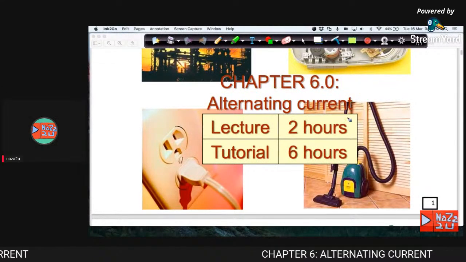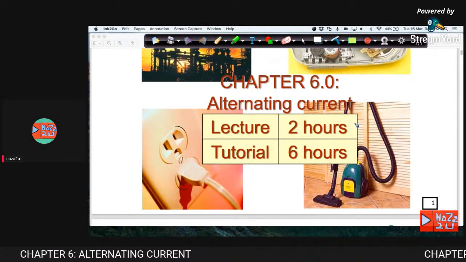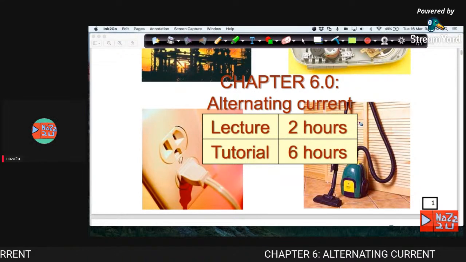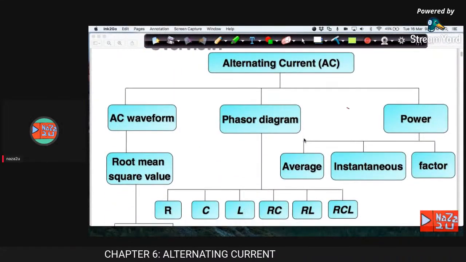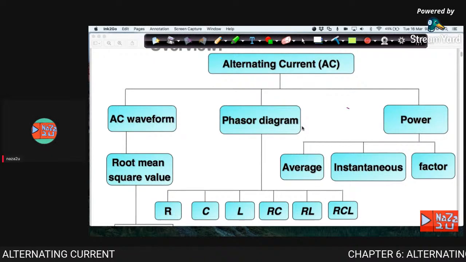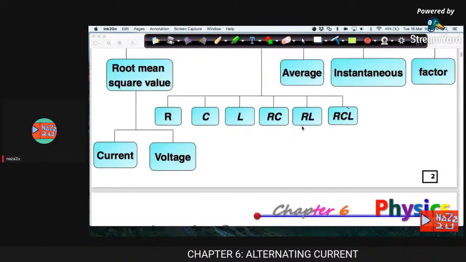Saya rasa jelas kat situ kita sudah boleh bezakan di antara direct current and alternating current. Right. So continue slide. So ini adalah dia punya subtopik bagaimana kita nak jelaskan ataupun kita akan belajar nanti. Semua ni kita akan jumpa nanti.